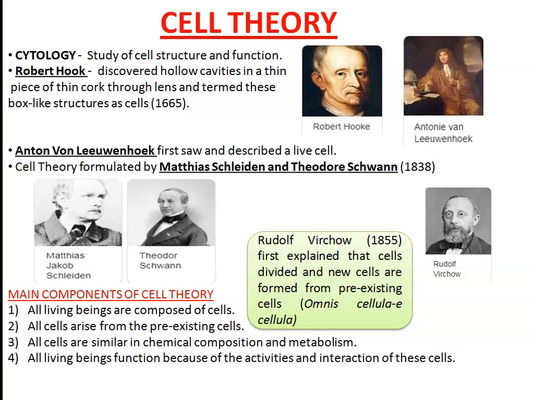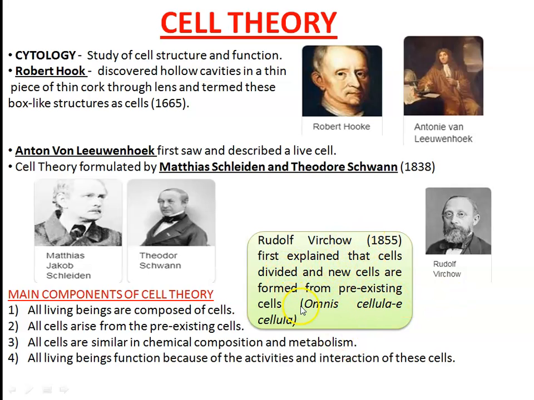While they formulated this theory, they could not explain from where the cells are formed, how the cells are formed. So in 1855, there is another scientist called Rudolf Virchow. He explained that cells are continuously dividing, and new cells are formed from the pre-existing cells, and that is called omnis cellula e cellula.